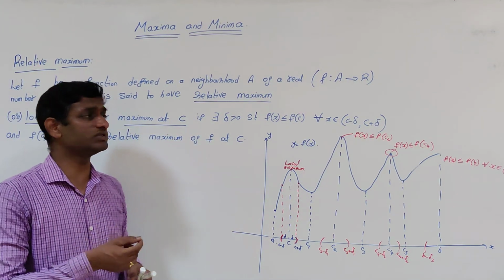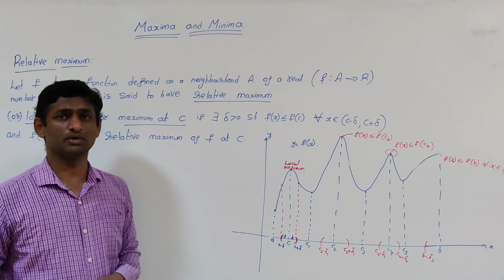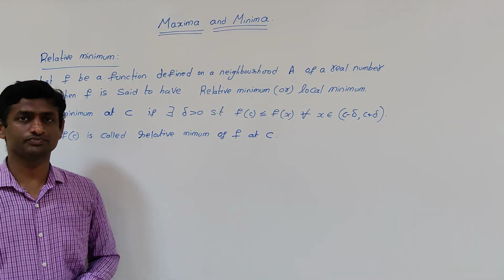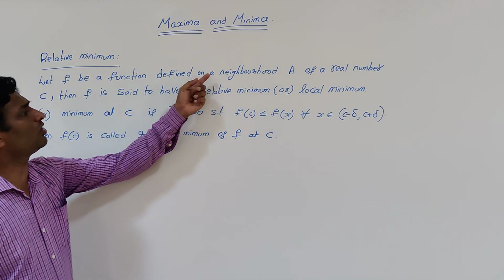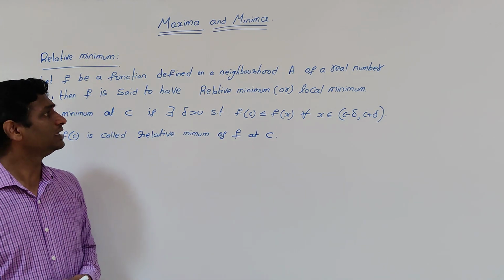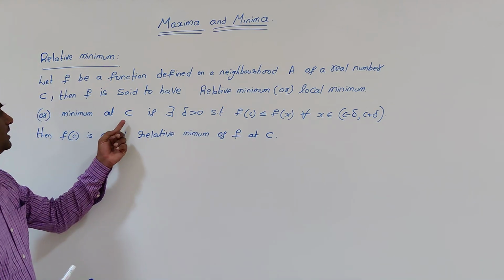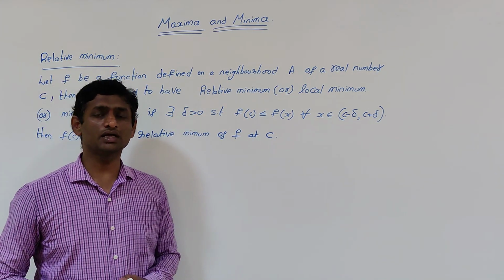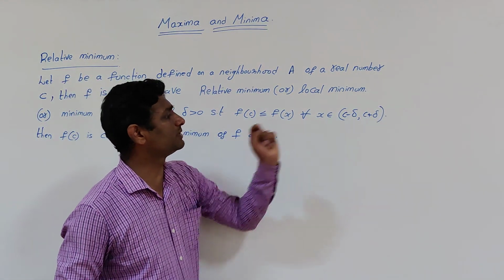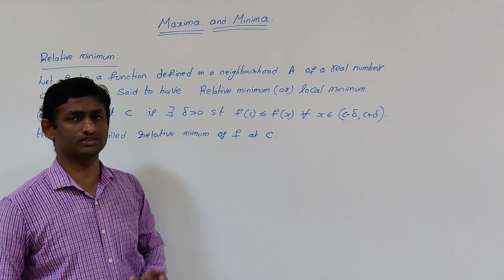Similarly, we will see the definition of local minimum, or relative minimum. Let f be a function defined on a neighborhood A of a real number C. Then f is said to have a relative minimum, or local minimum, at C if there exists a delta greater than 0, that is, if we take a small neighborhood of C, C minus delta to C plus delta, in that f of C is less than or equal to f of x.